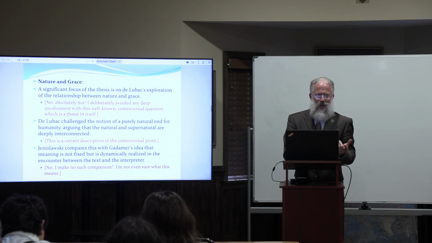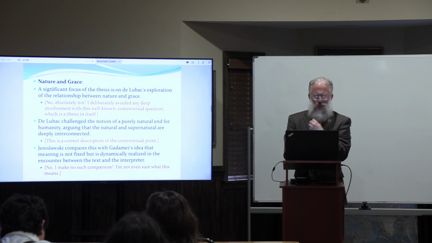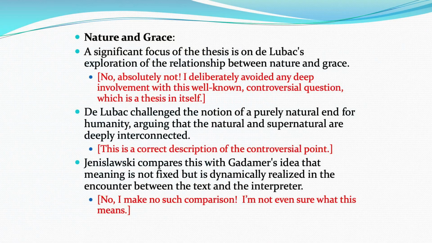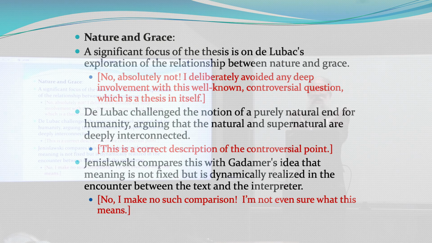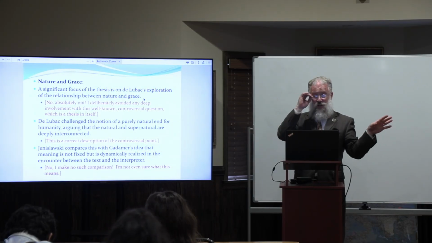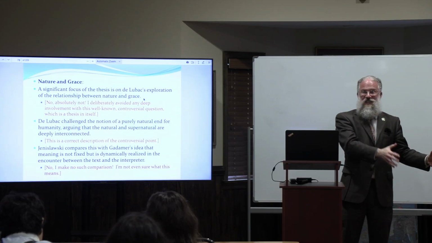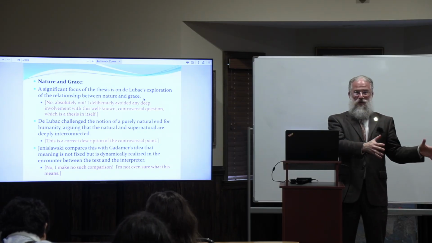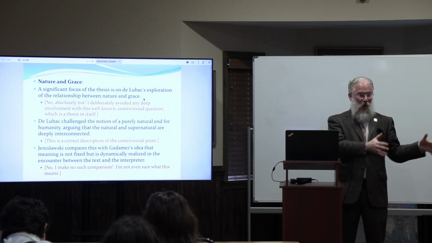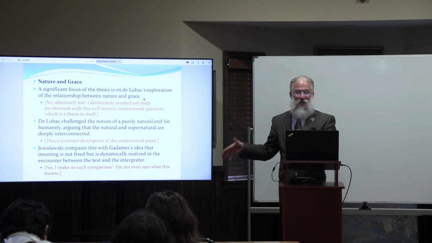It starts to summarize my treatment, allegedly, of the nature and grace controversy. A significant focus of the thesis is on de Lubac's exploration of the relationship between nature and grace. Absolutely not. If you know anything about this, this is a dissertation in itself and a roiling academic controversy that I would not touch with a 10-foot pole to get what I wanted to do done in my thesis.